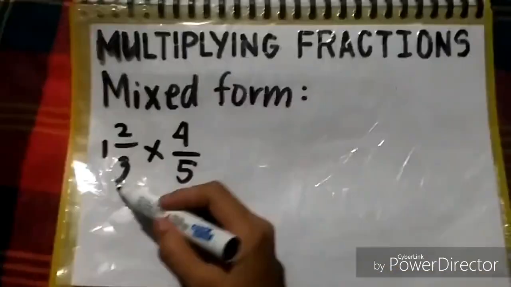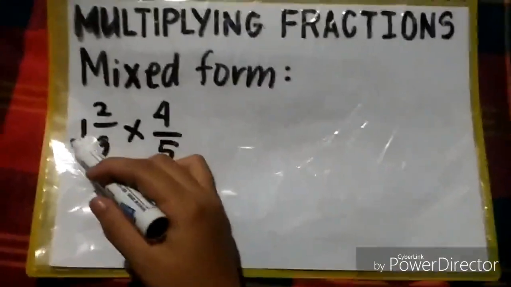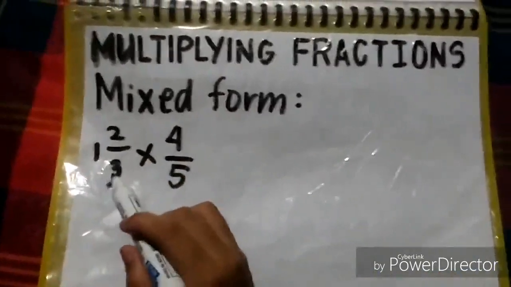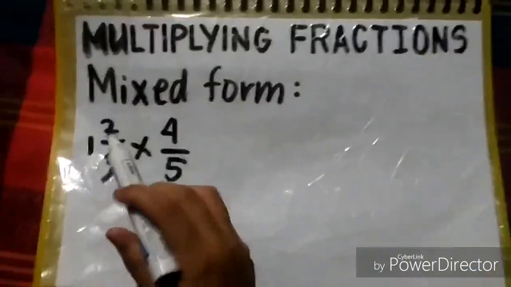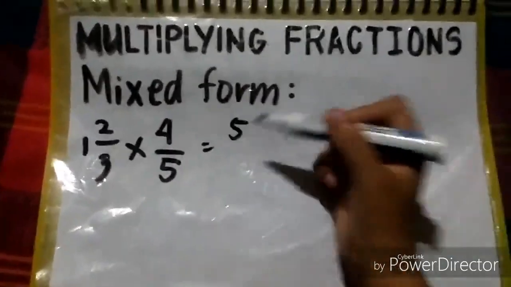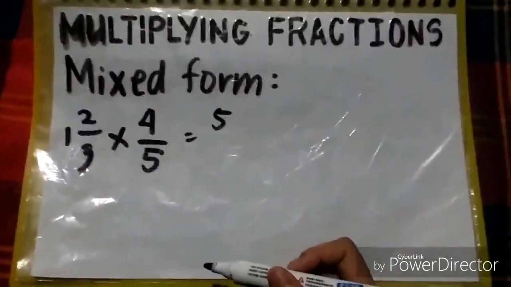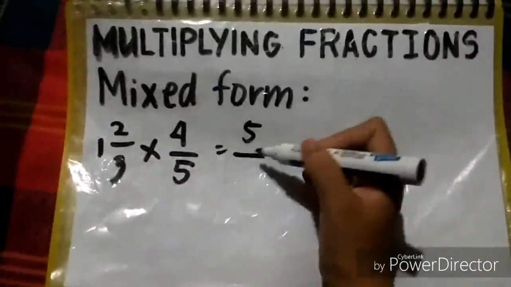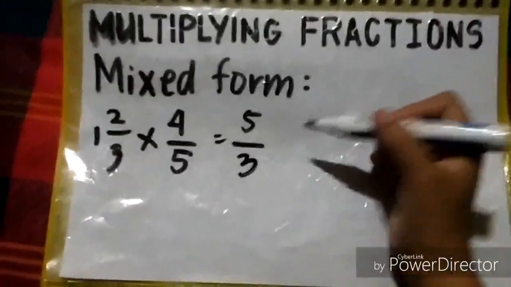Let's multiply the denominator to its whole number and add it to the numerator. 3 times 1 is 3, plus 2 is 5. The result will be the new numerator and copy the denominator, which is 3.